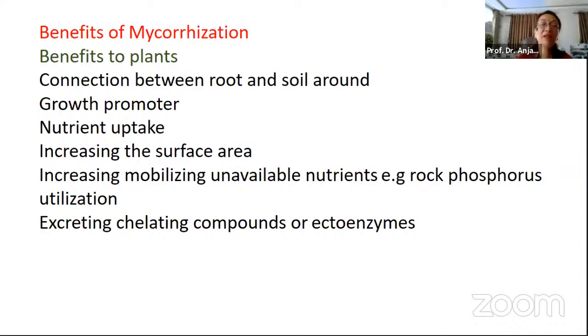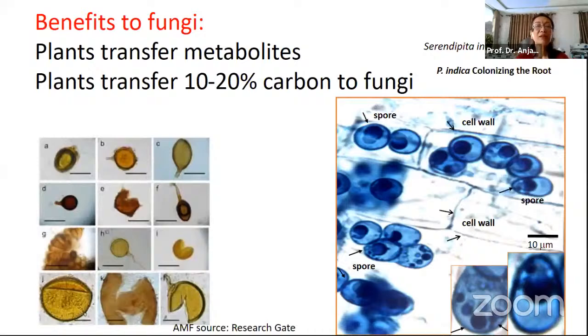They may have these ectoenzymes in the area. But in the rhizosphere, if they are present, then the mycorrhiza will absorb them and transfer them to the plant's roots. So here I'm showing some of the pictures.